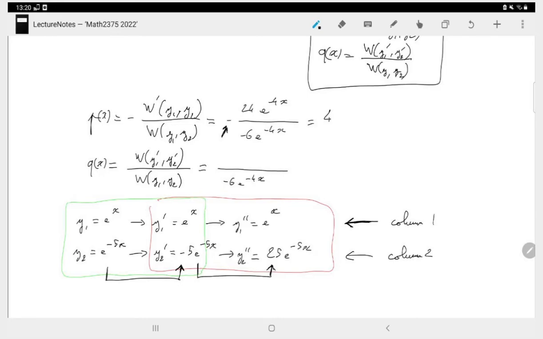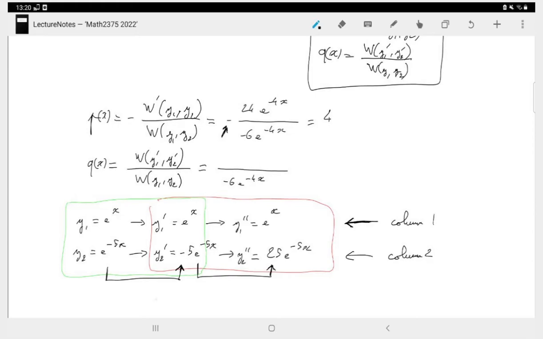So essentially, the Wronskian of y1 prime, y2 prime is going to be the same as the Wronskian of y1, y2, except that the second column is multiplied by minus 5. And as a result, the determinant of that matrix is just minus 5 times what the determinant of the other one was.